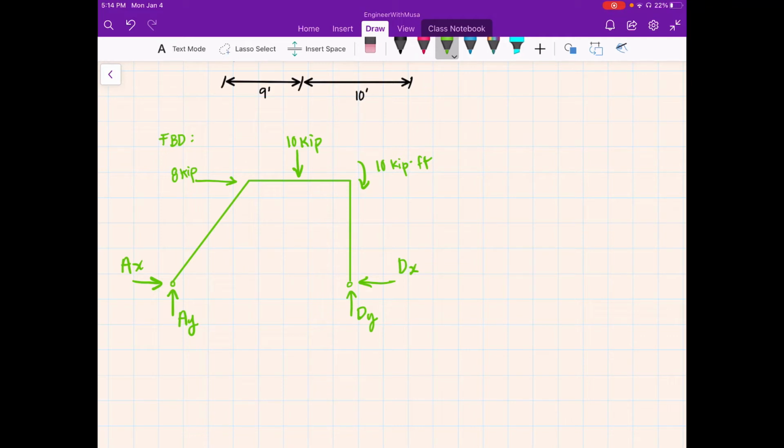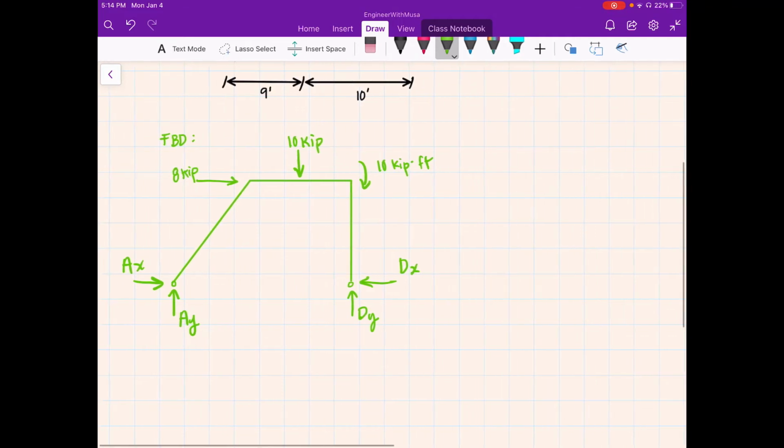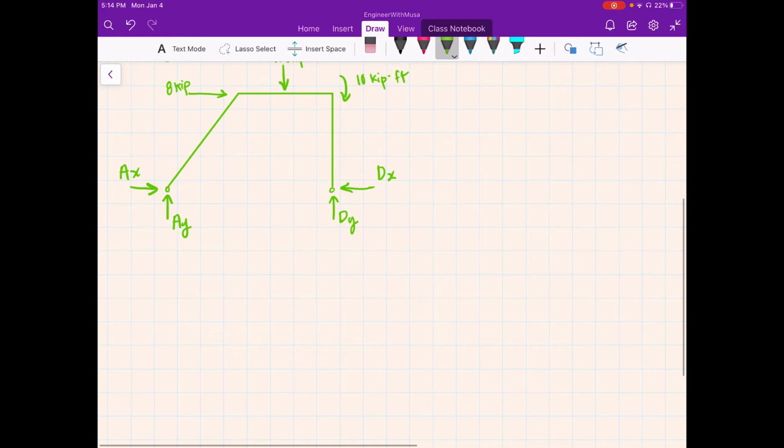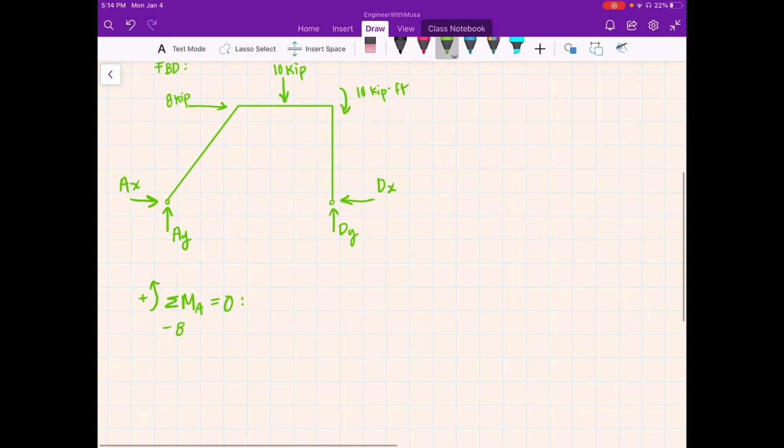So now if we look at the sum of the moment about point A, sum of the moment equal to 0 about point A, knowing that counterclockwise is positive, we can say that we have -8. Let me go ahead and put the dimension really quickly.